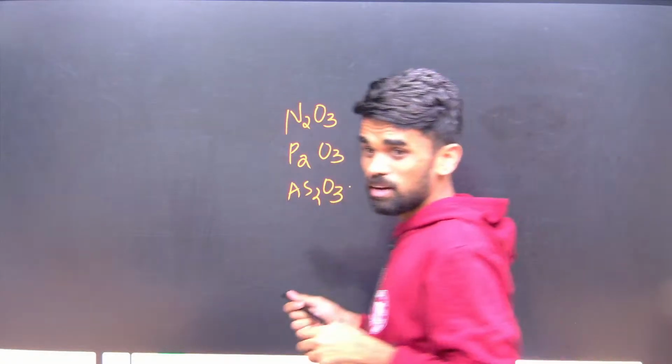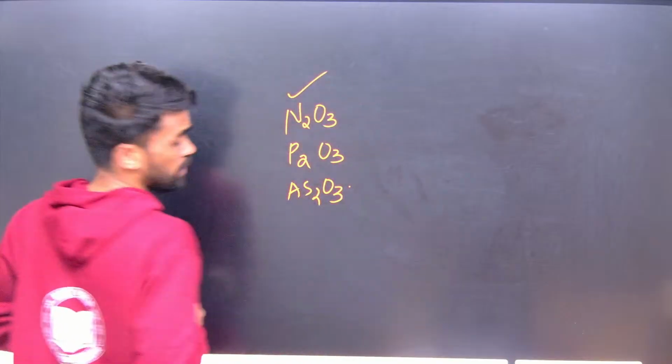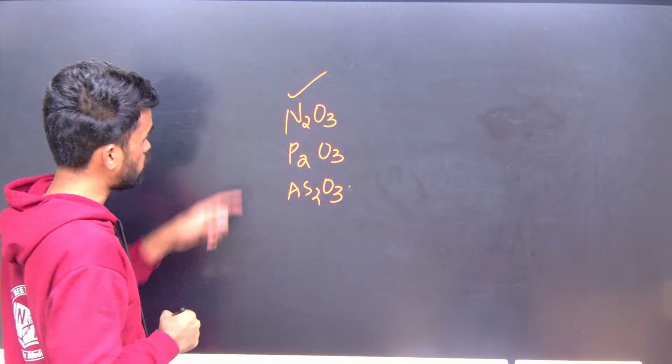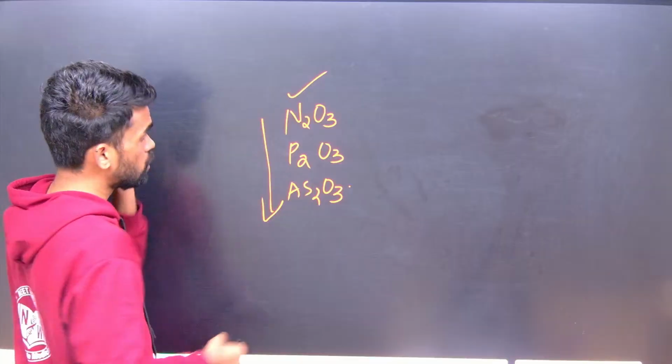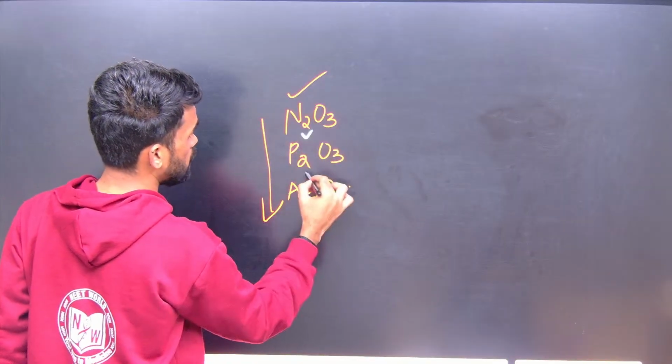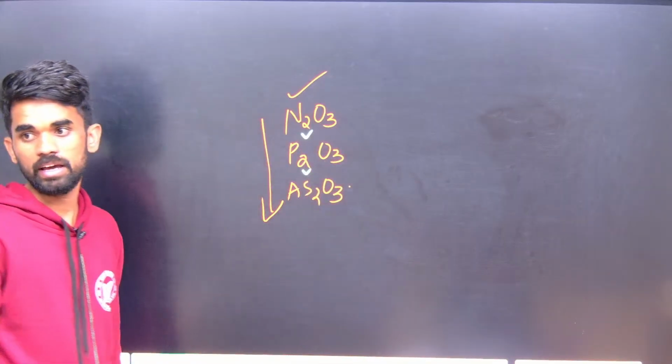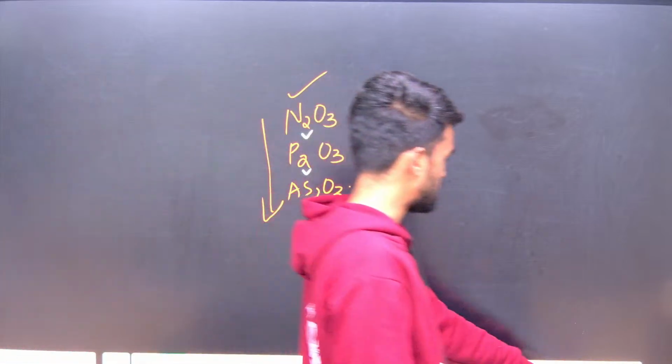Which is it? N2O3. Its electronegativity is more, and down the group electronegativity decreases. So N2O3 is more acidic, then P2O3, then As2O3. Is that clear?